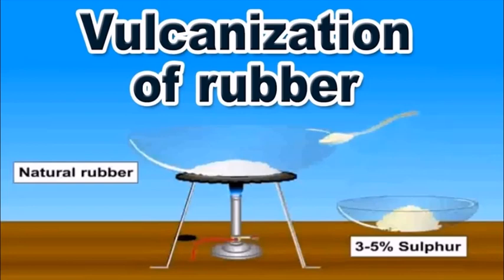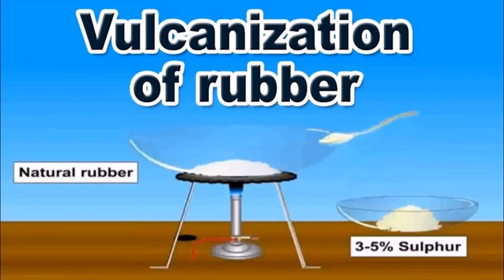And artificial rubber can be made with different types of hardness. In this process, rubber is heated with sulfur for around 3 to 4 hours. Now, if you have to give more hardness to that rubber, then we add more sulfur into it.